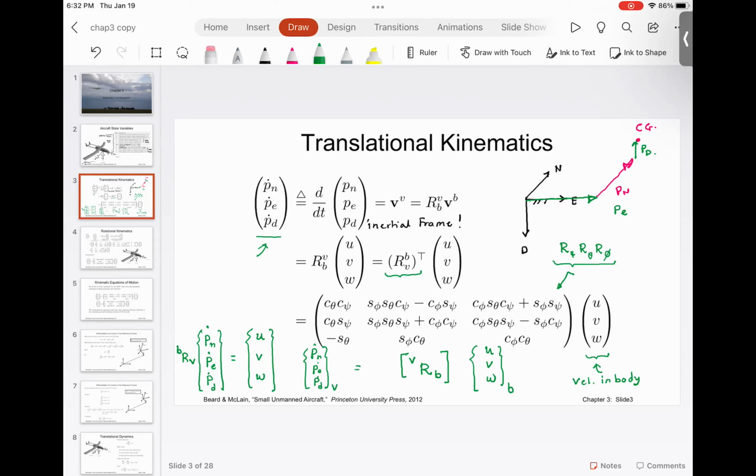When you have this solution, Pn, Pd, and Pe, and you feed that to the GPS solution, you can use this external reference to correct this solution, Pn, Pd, and Pe.